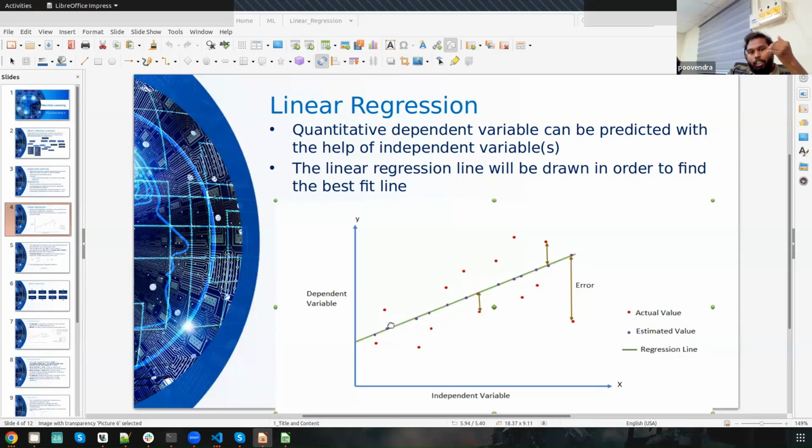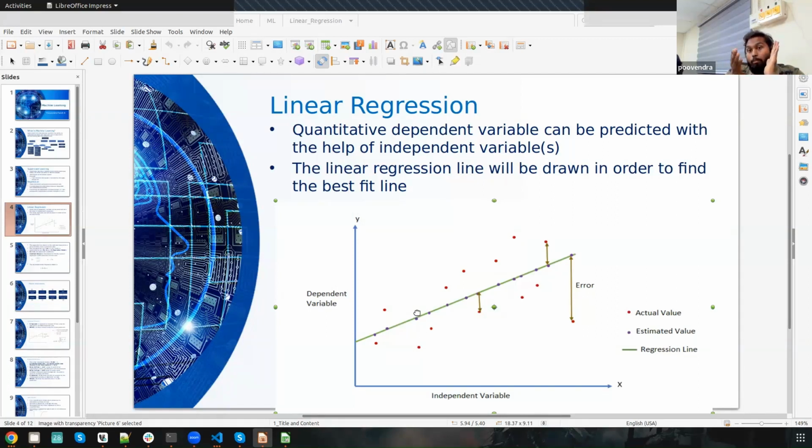These are the actual data points from the data. If I build a model, the model will predict, instead of this point, this value. Instead of this original value, it is going to give me this value.